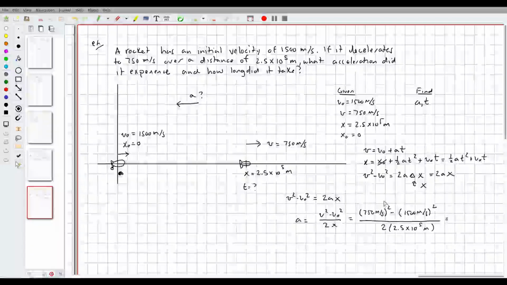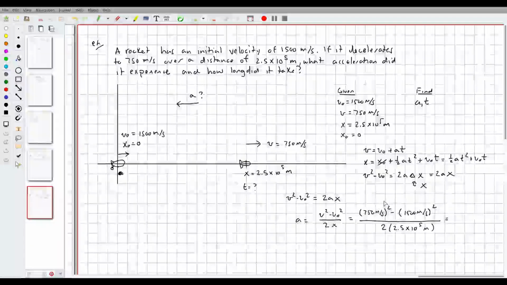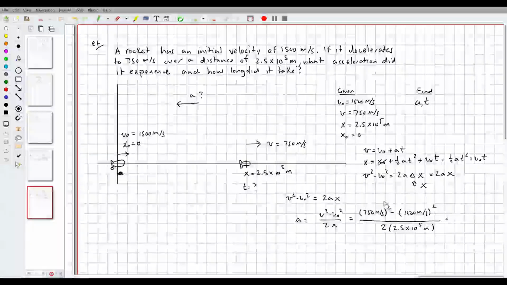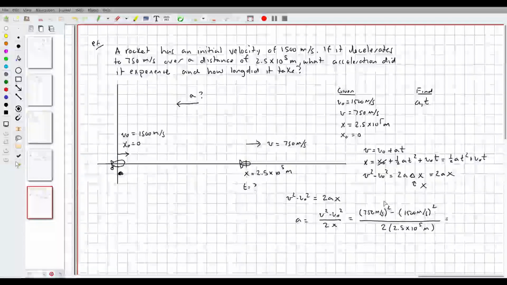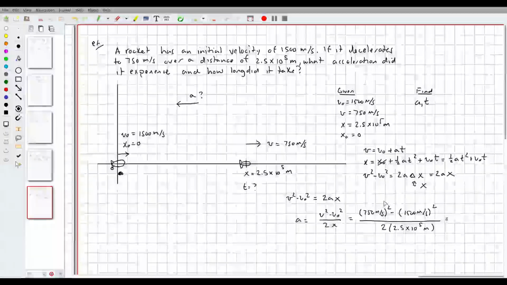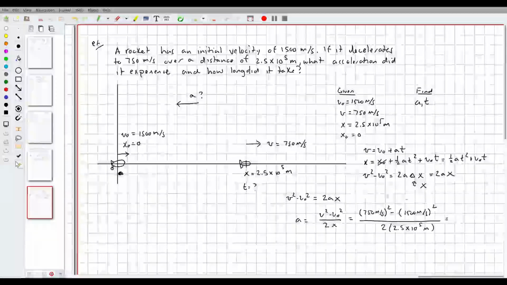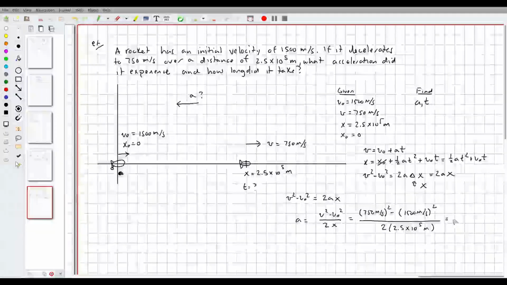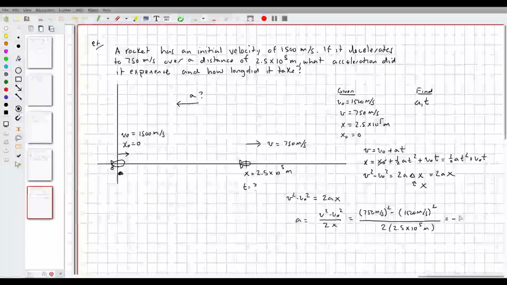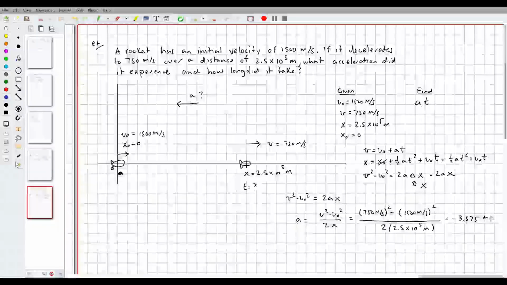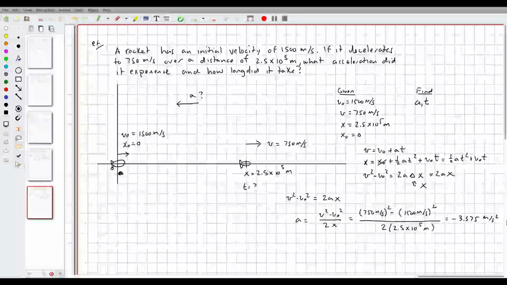Let's see here. Minus 3.375 meters per second squared.